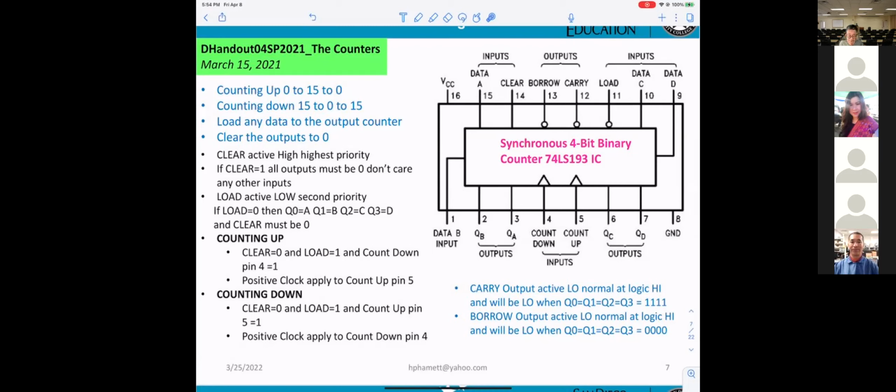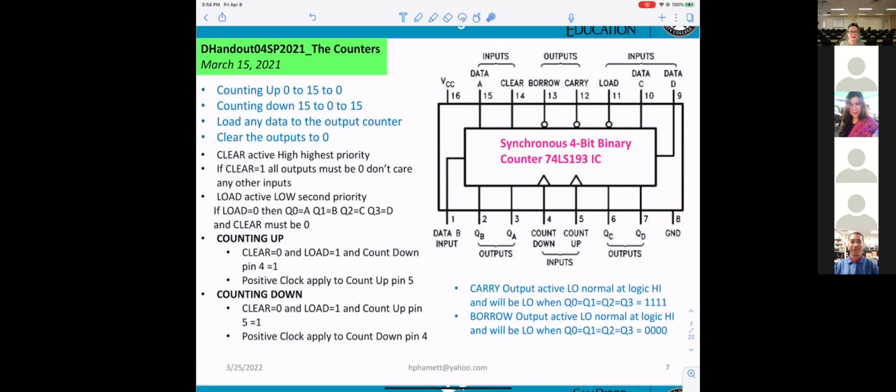Correct? Yes. What pin is power? 16. What pin is the ground? 8. Pin 8 right here, ground. VCC. Without connecting power and ground, it is not going to work.